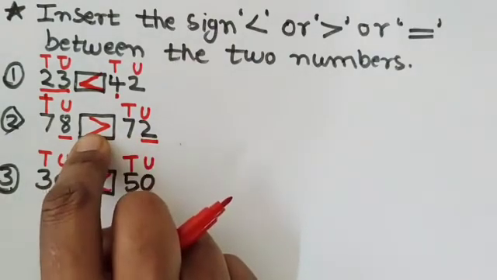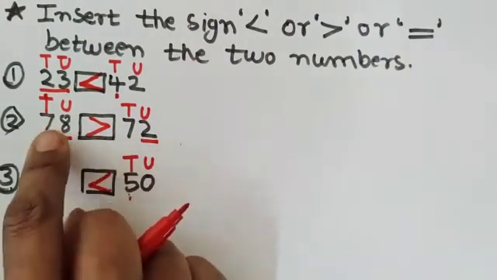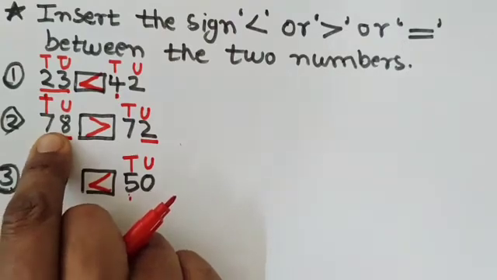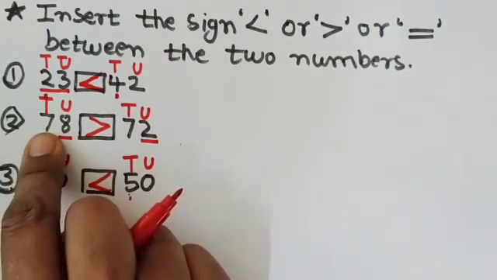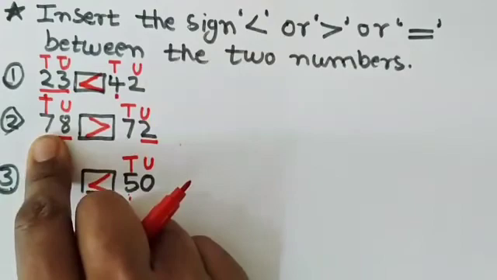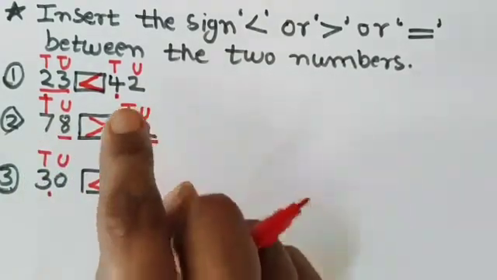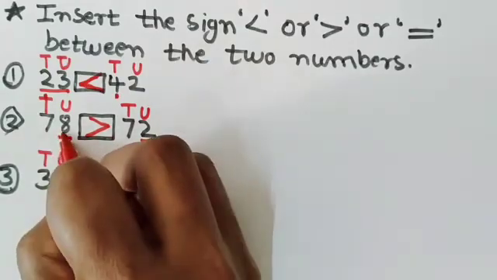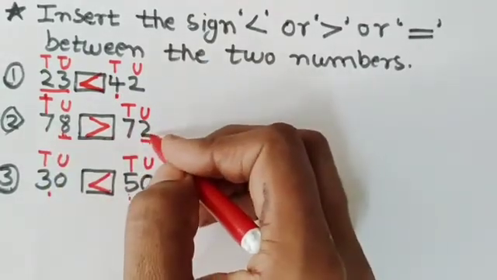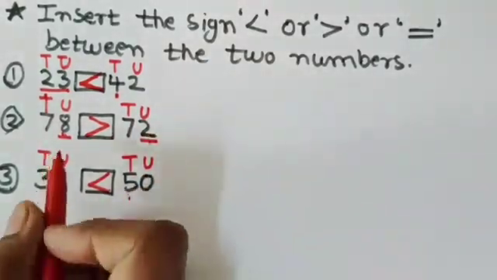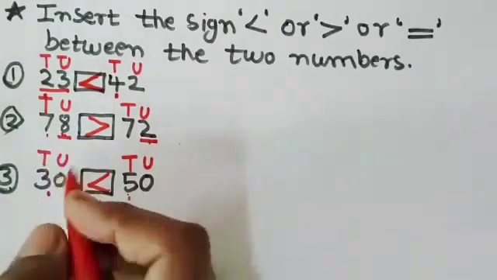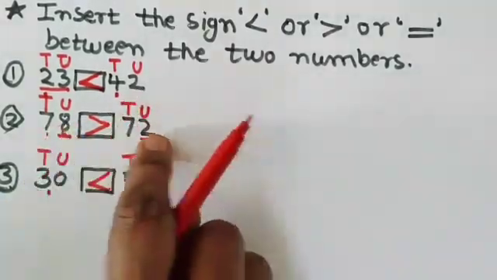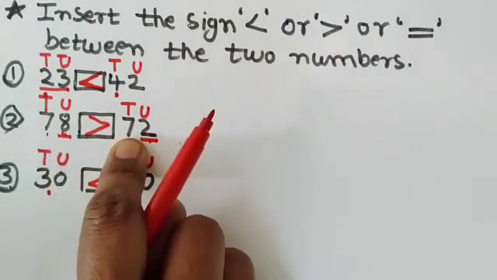Now we will open the crocodile mouth toward the greater number. So here 78 is greater than 72 because the unit place is greater. Why have we checked units place? Because here the tens places are the same.